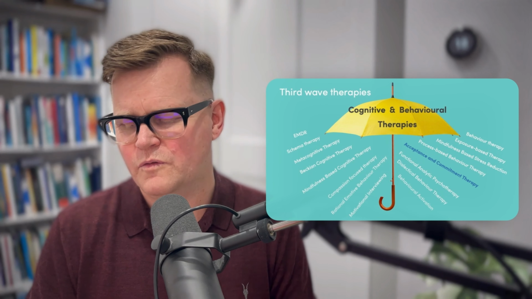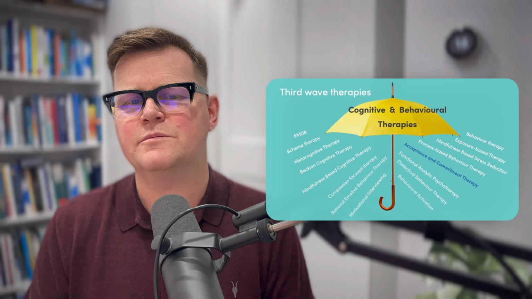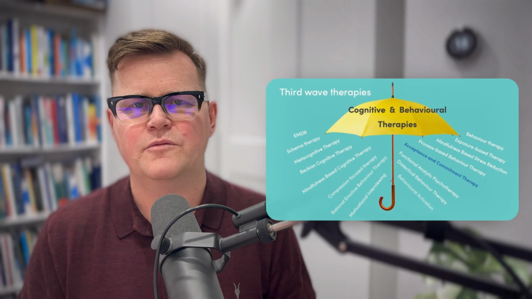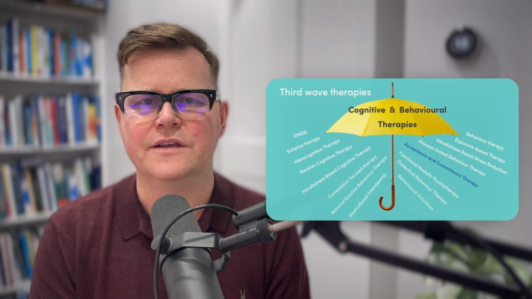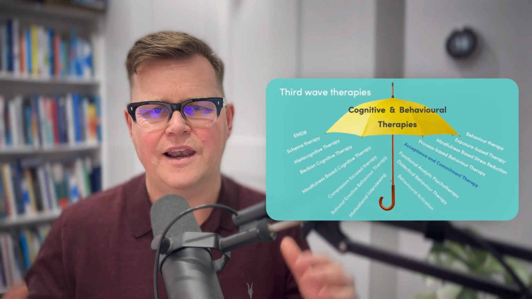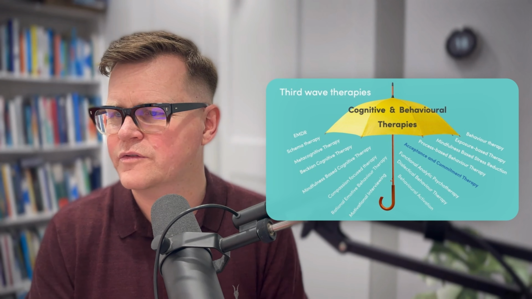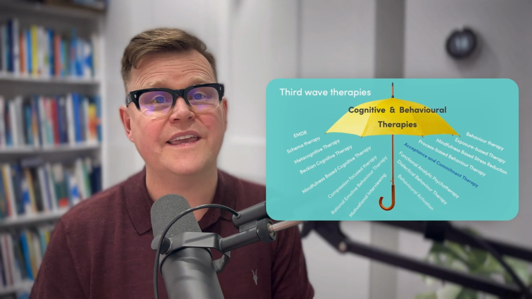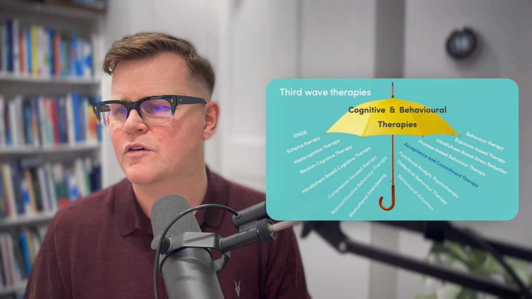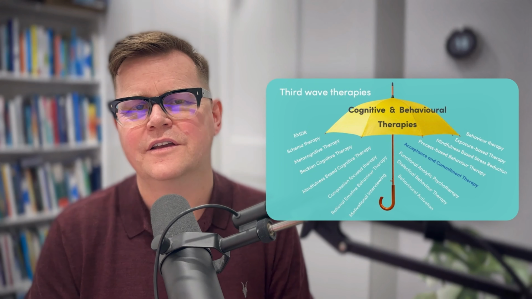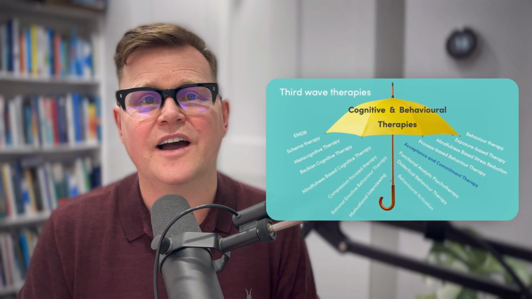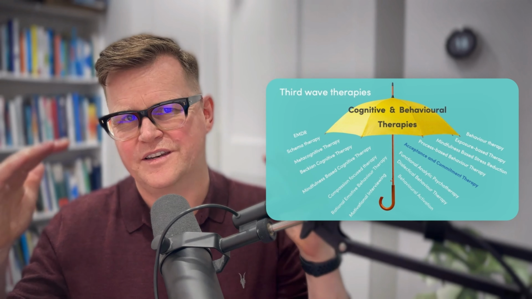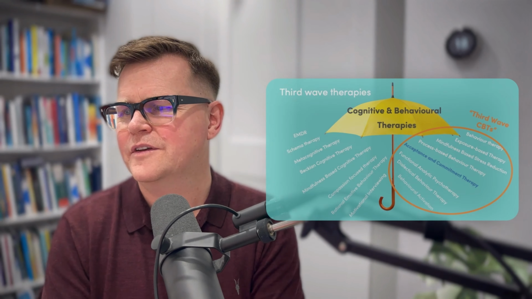I think it's probably a really important thing to say that all of these approaches you can see here could be put under the umbrella of cognitive and behavioral therapies, which is to say that large umbrella incorporates all of these. So, for example, schema therapy or Beckian cognitive therapy or rational emotive behavior therapy. And there's ACT, of course, there, functional analytic psychotherapy, dialectical behavior therapy, all sit underneath this umbrella.